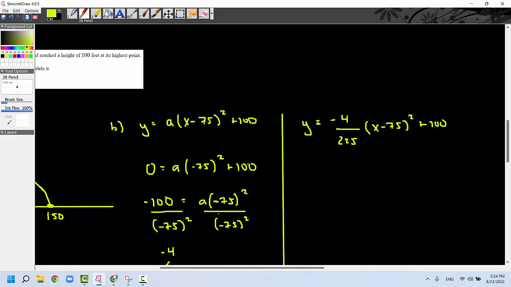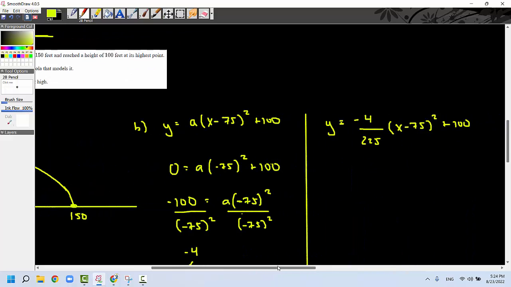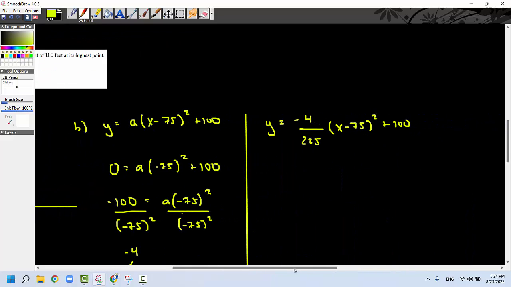And that's my equation so far. And so now what they want to know is how far horizontally is the ball from Mrs. Beebe when it is 25 feet high. So careful, I'm trying to find out the horizontal distance, which means I'm solving for x in this case.